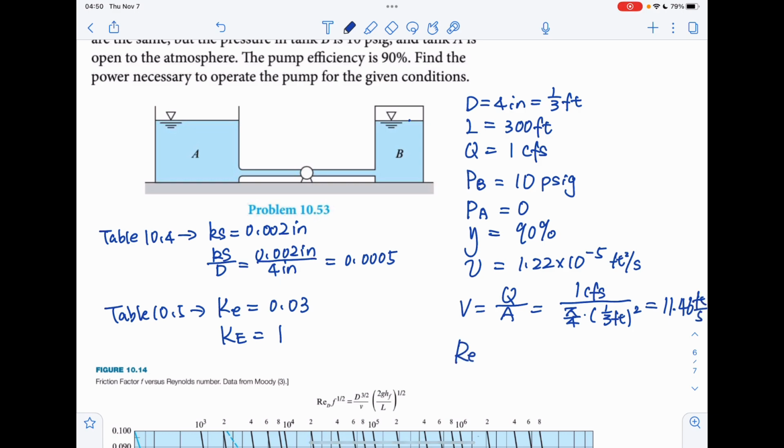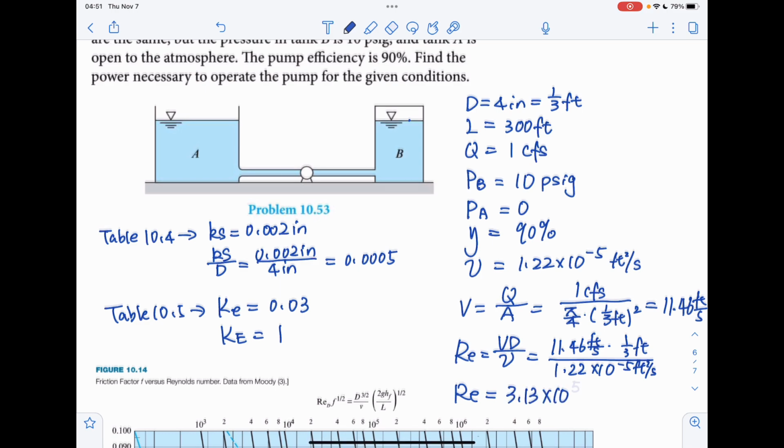And the Reynolds number equals VD over the viscosity, 1.46 feet per second times the diameter, which is 1/3. The viscosity is 1.22 times 10 to the negative 5 feet squared per second. So the Reynolds number equals 3.13 times 10 to the power of 5.